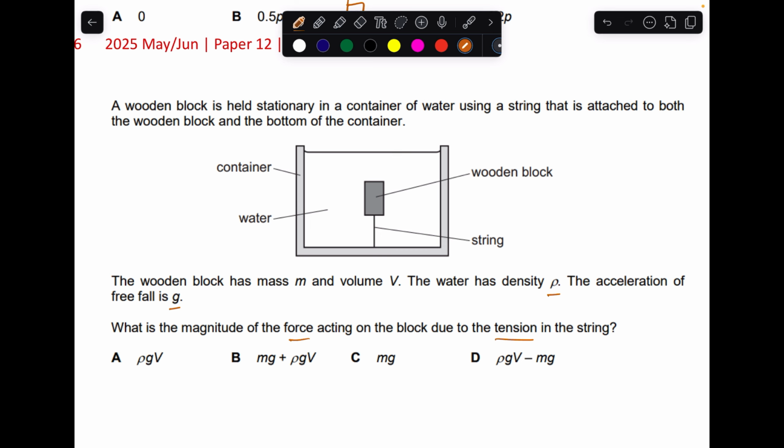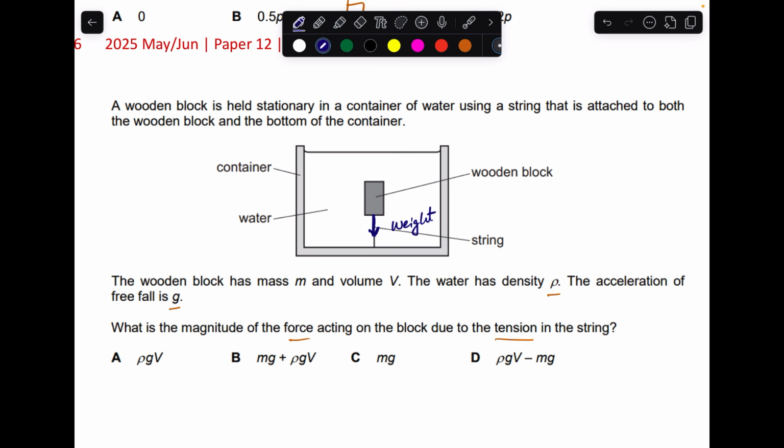So let's look at the block and try to draw a free body diagram for it. If this is the block, what are the forces acting on it? First, there is a force of weight that will be acting downward. So why is it not going down? It's hanging in the middle of the water body.